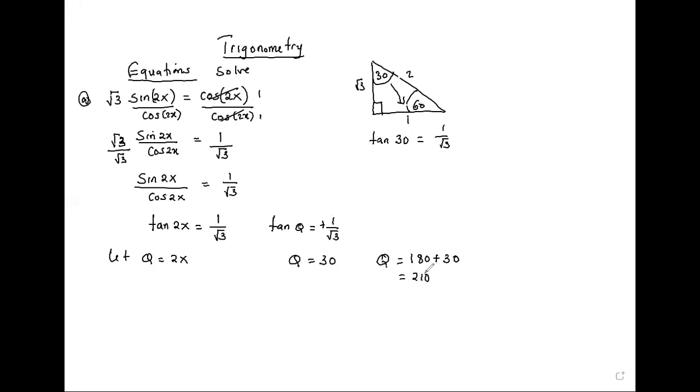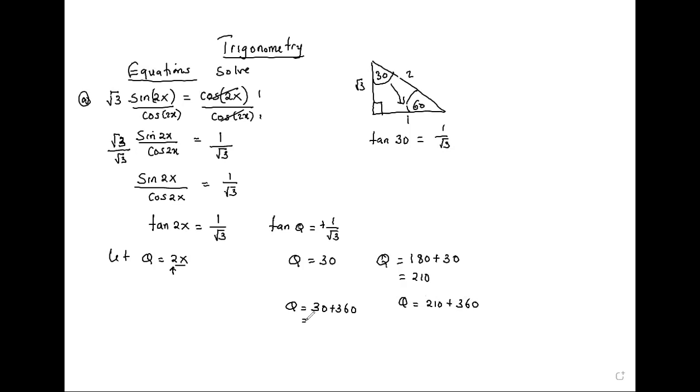But look, your theta is 2x. Because of this 2, we'll go around the quadrant, come back with theta and add 360. We'll go to 210 and add 360.